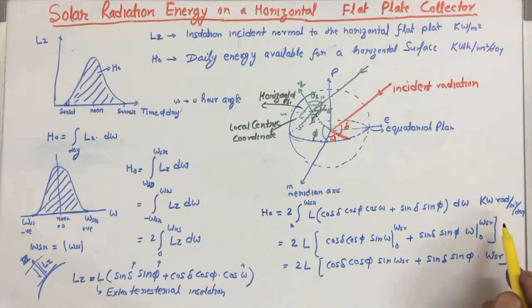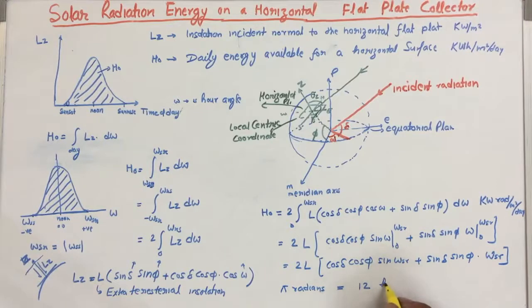However, our interest is to transform into energy unit in kilowatt hour. So let us continue. For a full day, 2 pi radian is covered in 24 hours. So we can say pi radians are equal to 12 hours.